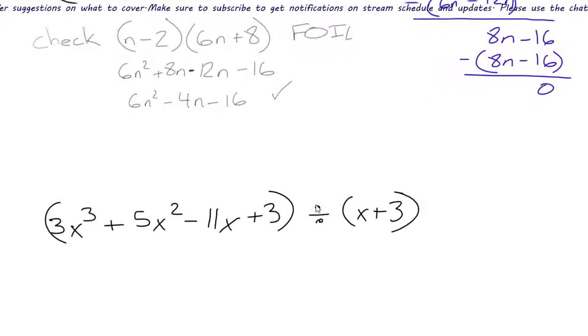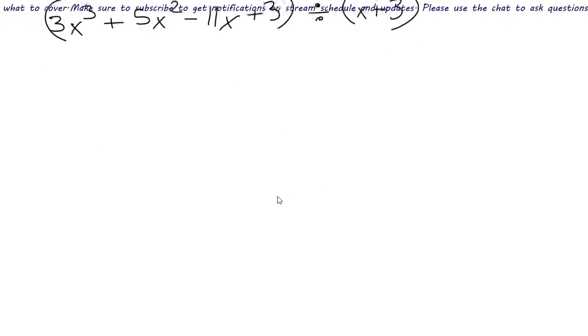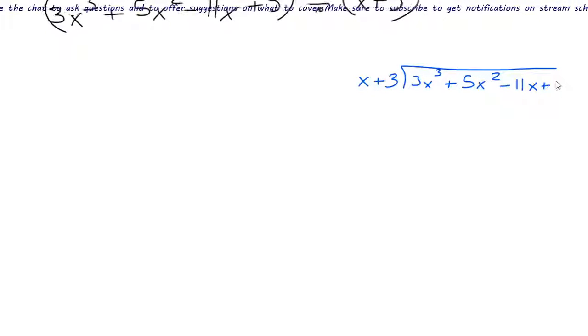Alright, so I'm going to work on the next one. So we have x plus 3, 3x cubed plus 5x squared minus 11x plus 3.